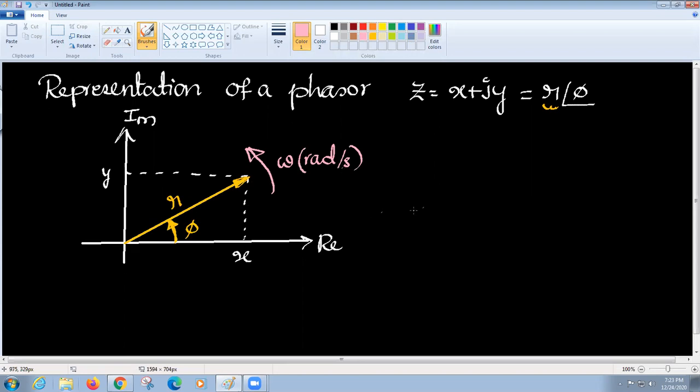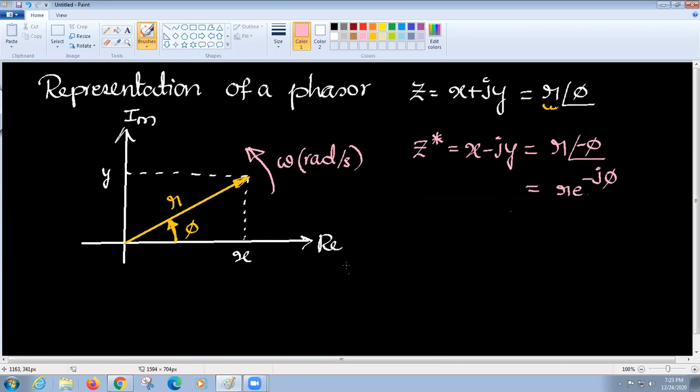I can take a z conjugate, so you would get x minus jy. If I take x minus jy, my phi would point down or it would go clockwise. So therefore I can show that with a negative phase, also as e power negative j phi.